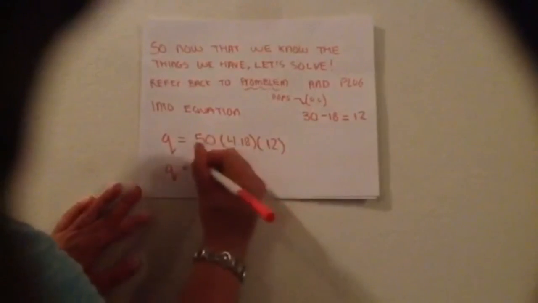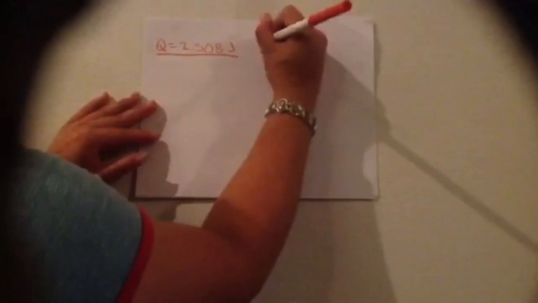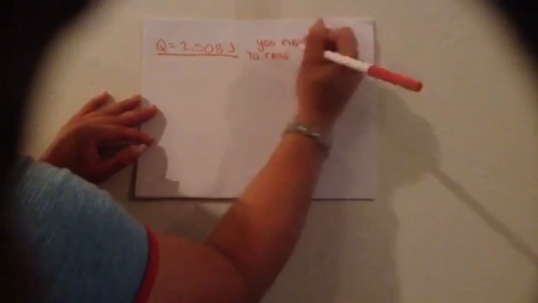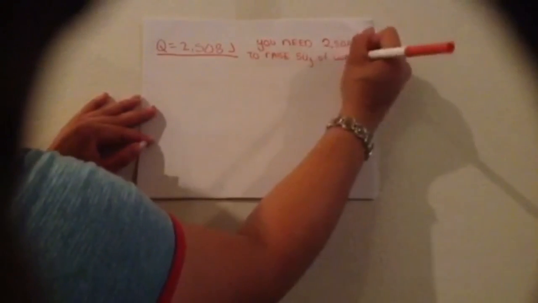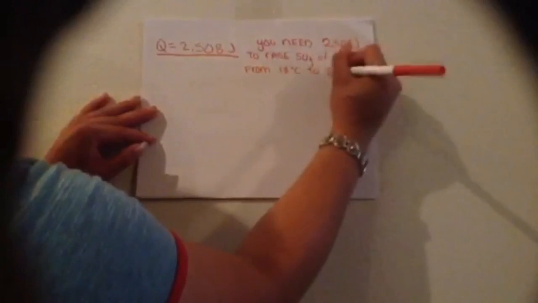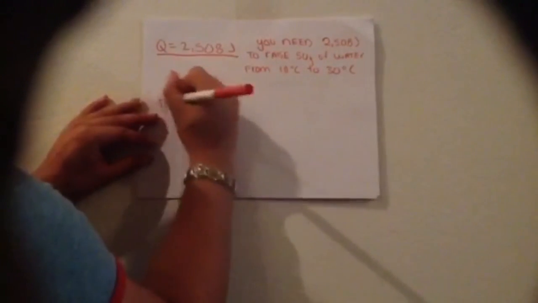Once you multiply it all together, that's your answer. Excuse me for a minute while I calculate that. So Q is equal to 2,508 joules, and that's it. You need 2,508 joules to heat up a 50 gram amount of water from 18 degrees Celsius to 30 degrees Celsius.